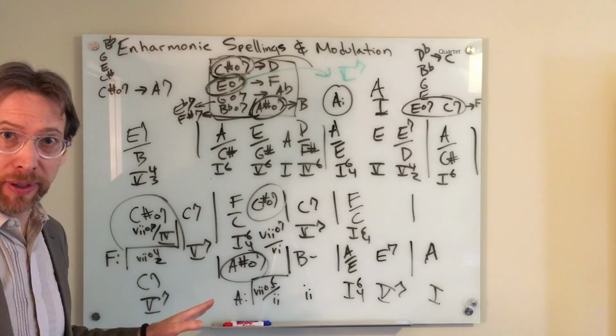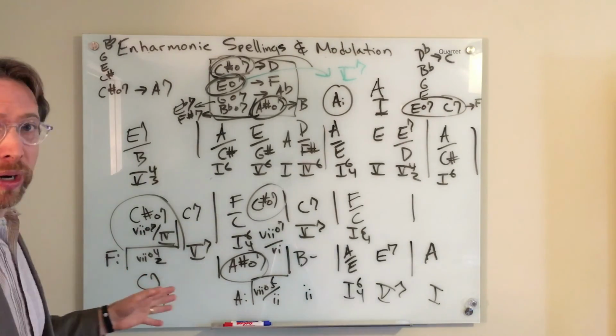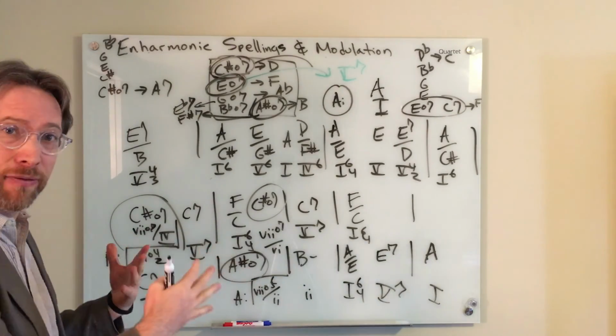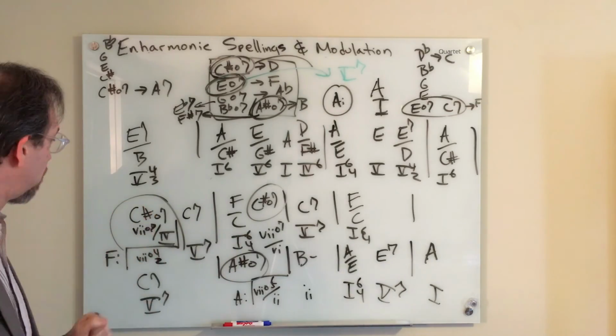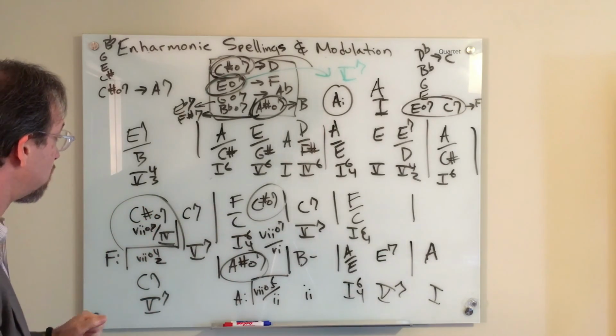So that's some pretty complicated stuff, and you might need to back this up and write it out for yourself on staff paper to make sure you're really understanding how those things work.